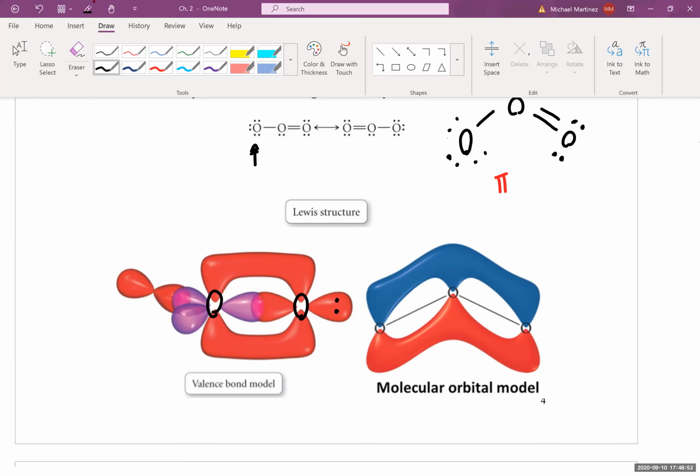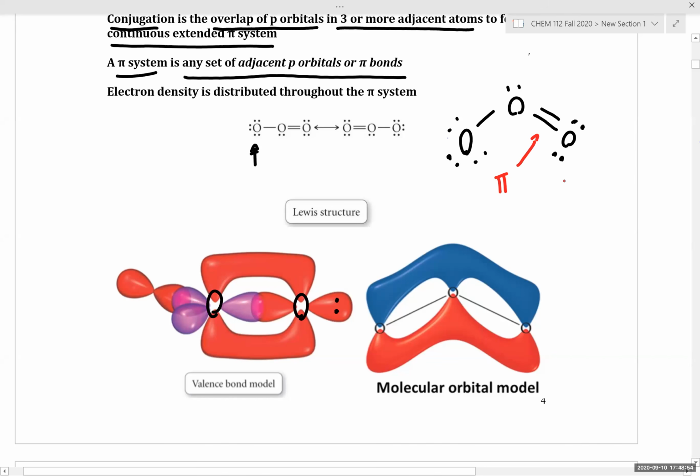For this leftmost oxygen, I'd like you to tell me, what orbital is this lone pair found in? Is it found in a p orbital or a hybrid orbital? Let's answer this question. This is the centerpiece of beginning to understand acid-base strength.